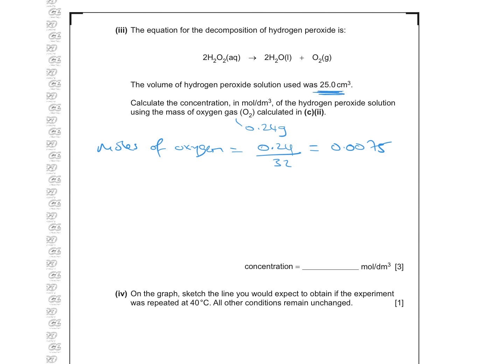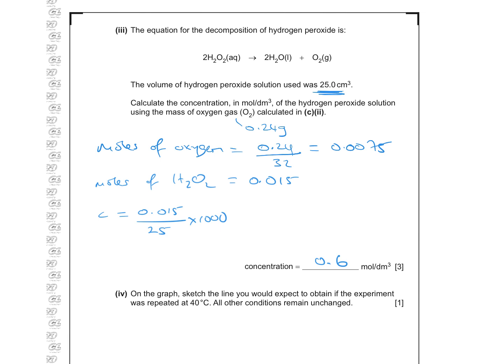So remember, concentration equals moles, which is 0.015, over volume, which is 25. Now this is in cubic centimetres. So we're going to multiply this by 1,000, and that gives an answer of 0.6 moles per cubic decimetre.